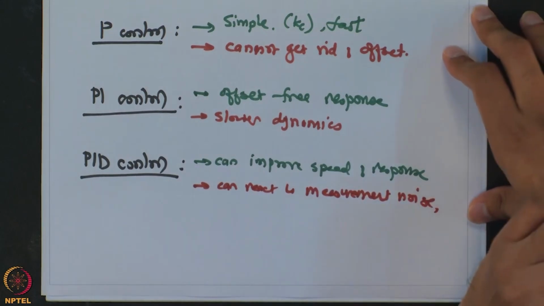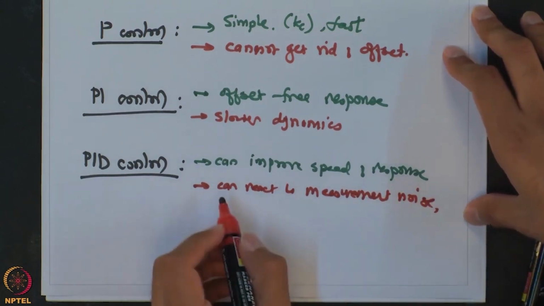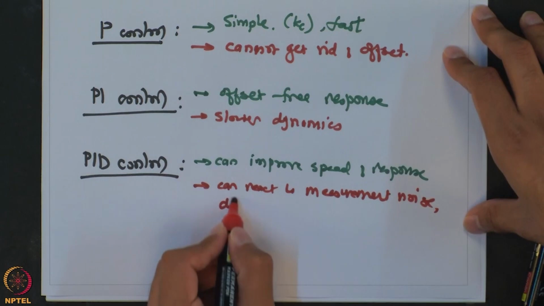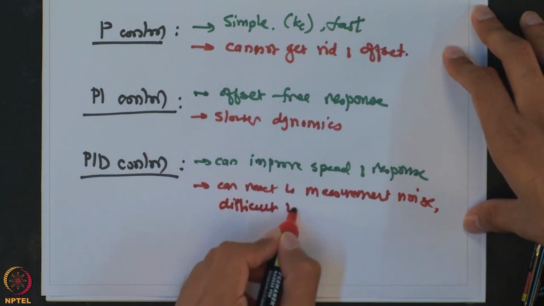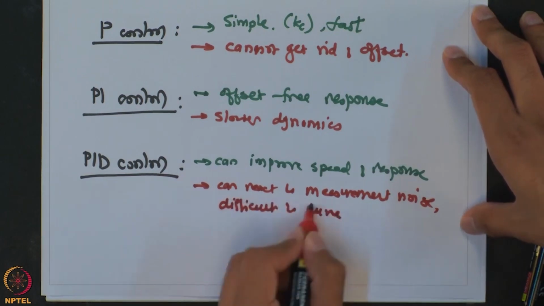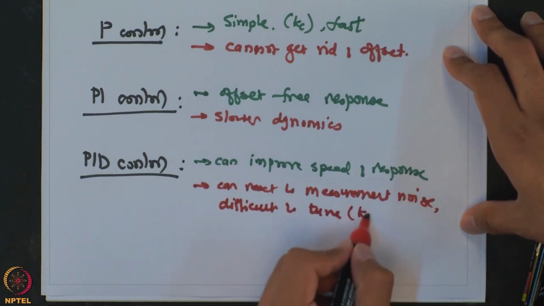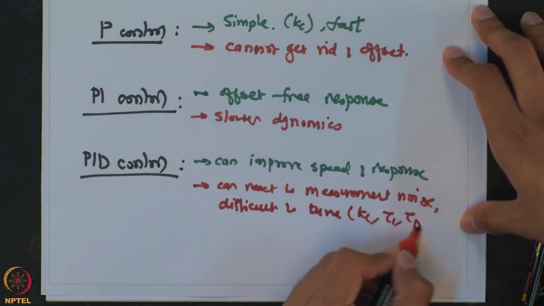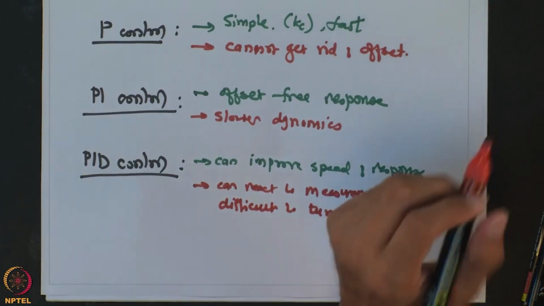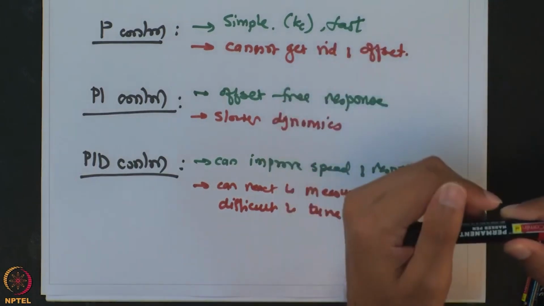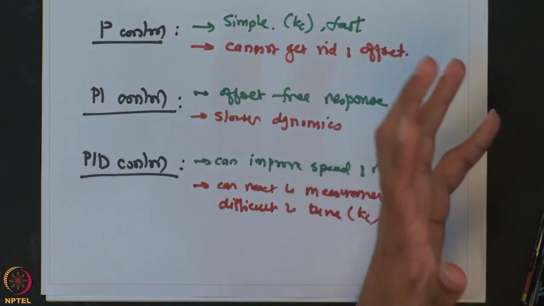It may destabilize the process, and it is difficult to tune. This is the last tuning problem, that means finding the best values of Kc, tau I and tau D. It is like the controller has three different directions in which it has to optimize. So it becomes a difficult problem to select the best values of Kc, tau I and tau D.